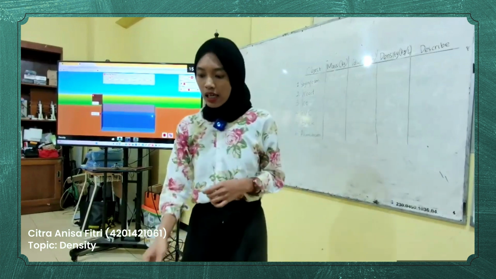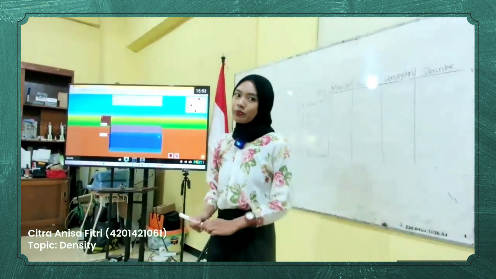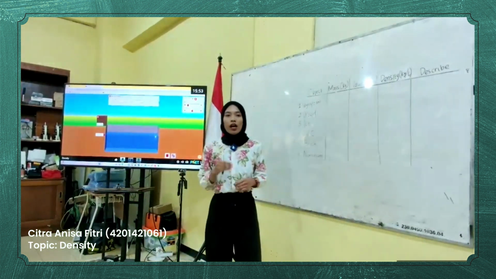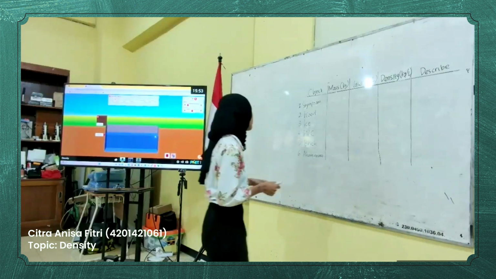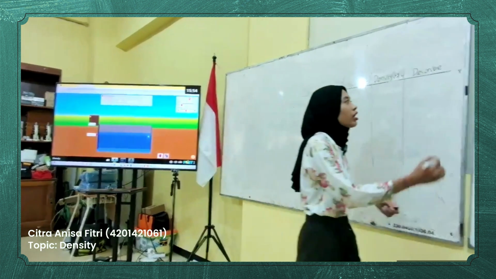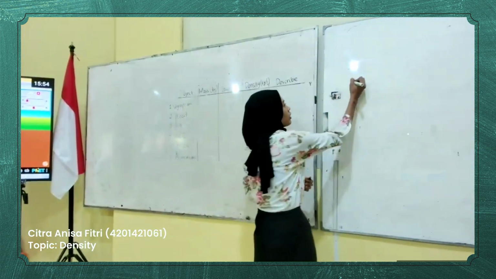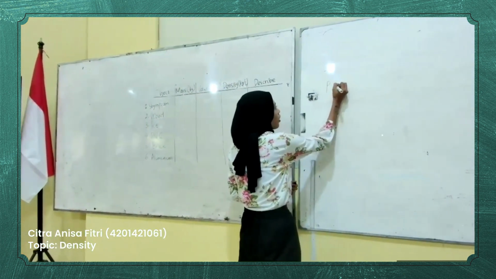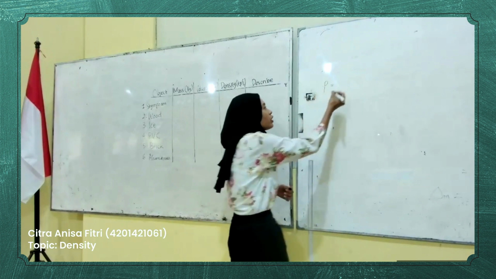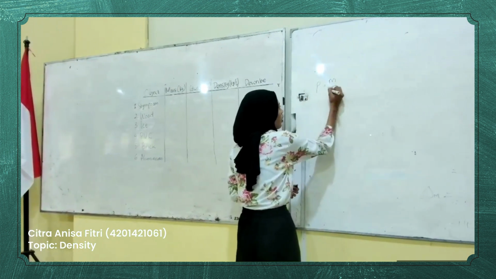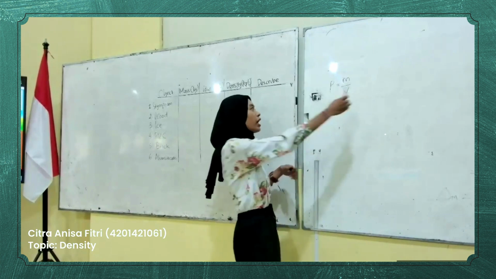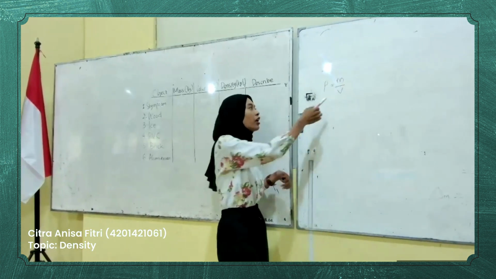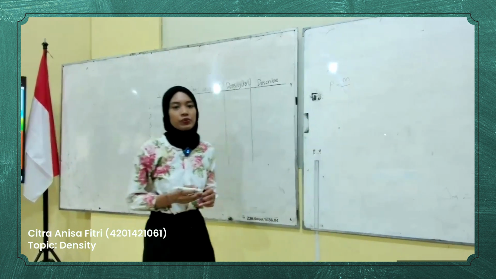Or we can say that density is the ratio of mass and volume. Mathematically, we can write density, or rho, is equal to m per v. So rho is for density, m for mass, and v is for volume.